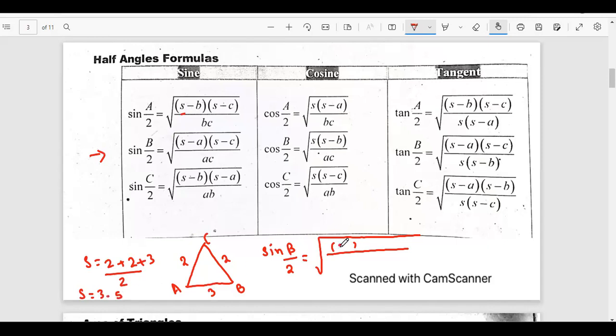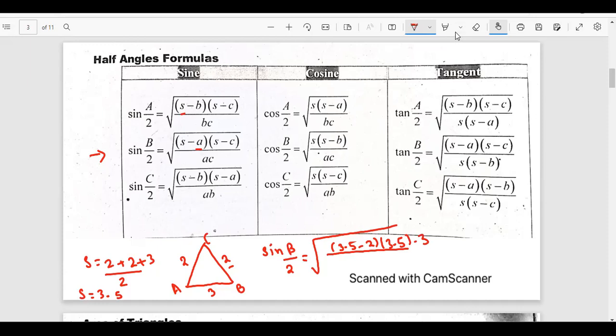Then 3.5 minus A. A is 2. Then again 3.5 minus C, that is 3.